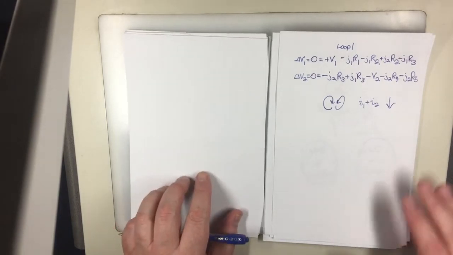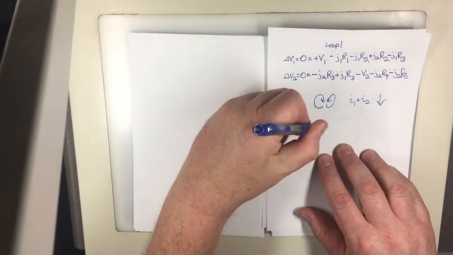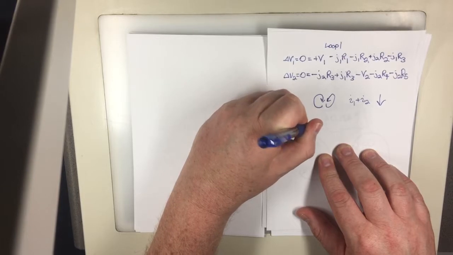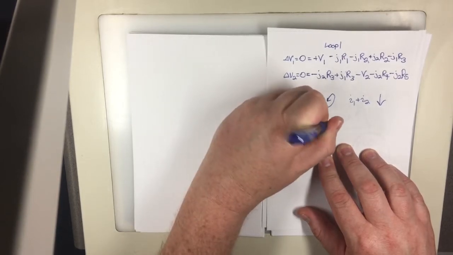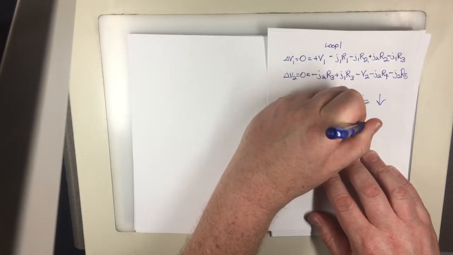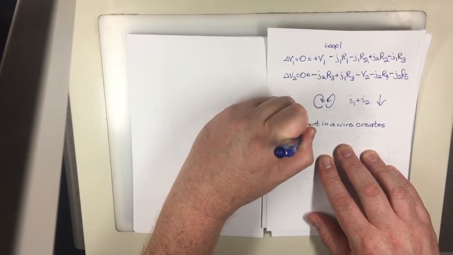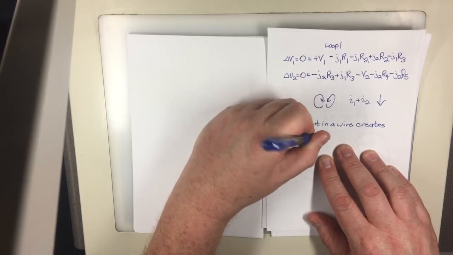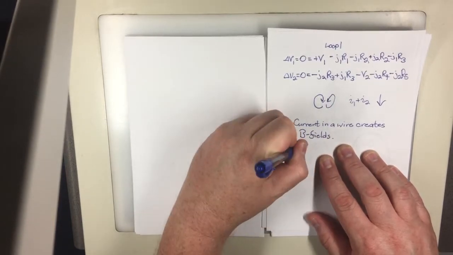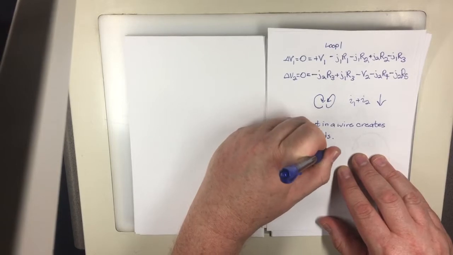The first thing that we're going to do is: current in a wire creates B fields. Now, B field is magnetic.